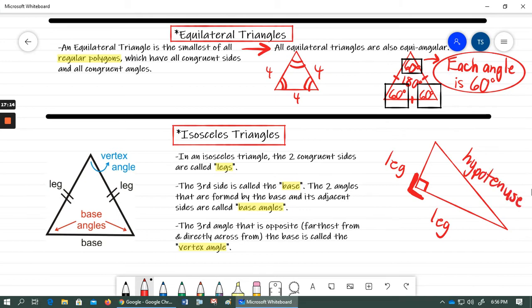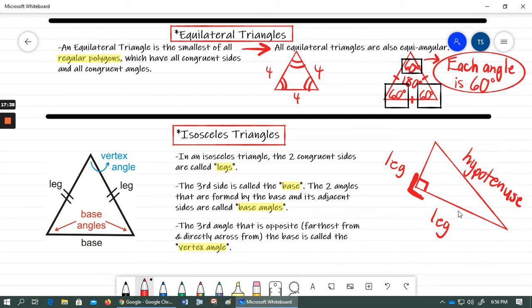Don't get it twisted. Even though it has the same name, this is a different context that we're using leg in. It's different from the legs of a right triangle, which are those two legs that come together to form the right angle.